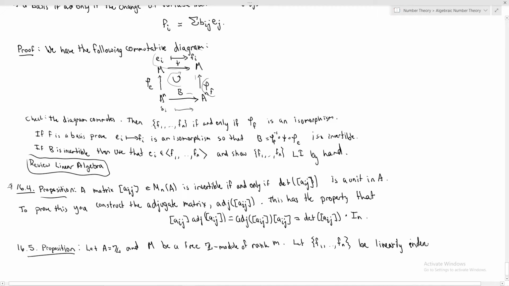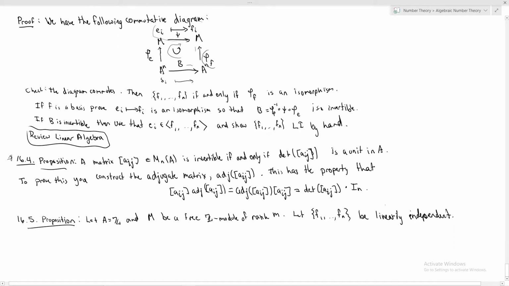The question is essentially, are these a basis, and if not, how big is the module they generate? So how much do they span in a vague sense? So we're going to let N be the module they generate.